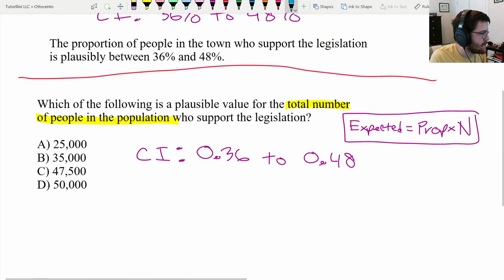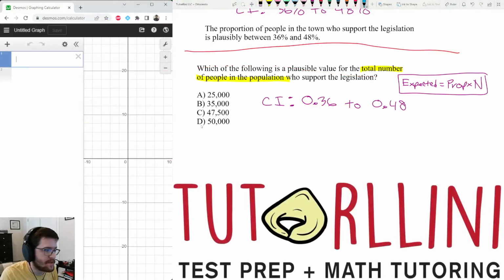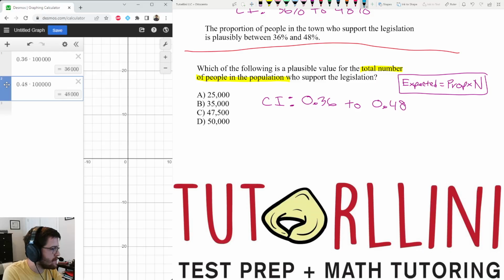So let's go ahead and do that. So let's see what we get. So 0.36 times 100,000 and 0.48 times 100,000. And we get 36,000 to 48,000.